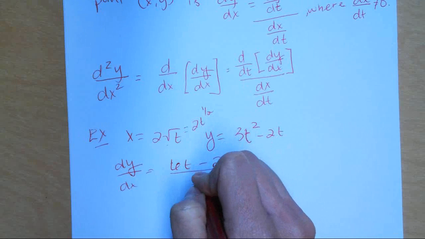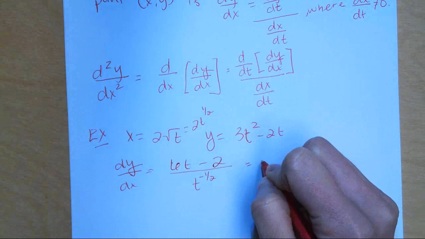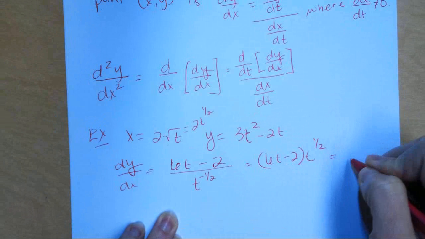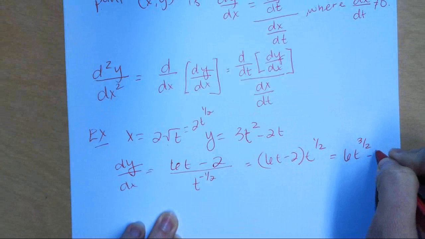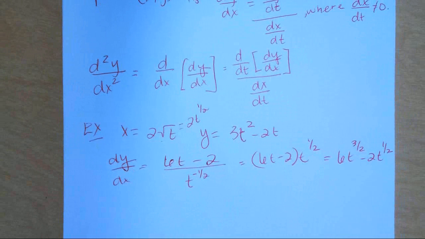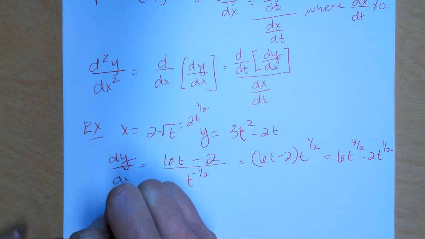It's just going to be t to the negative 1/2. Be careful with thinking, oh, it's already on the denominator, that's okay. Are you good? Okay, so this is actually equal to 6t minus 2 times t to the 1/2, which is 6t to the 3/2 minus 2t to the 1/2. Not too bad, right?